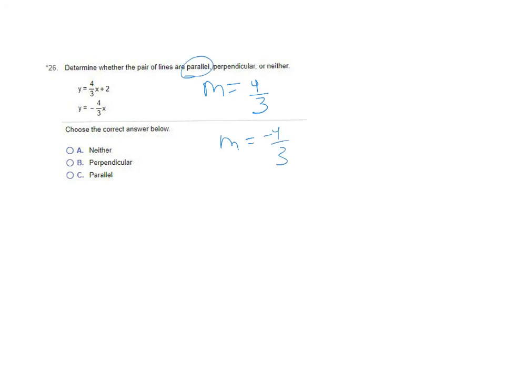So for them to be parallel, they have to be exactly the same, which they're not. So parallel is out. For them to be perpendicular, they have to be opposite signs, but also reciprocal. And they're opposite signs, but they're not reciprocal, so that is out. So that means that they are neither, which means that they intersect, they just don't intersect at 90 degrees. They're not perpendicular.